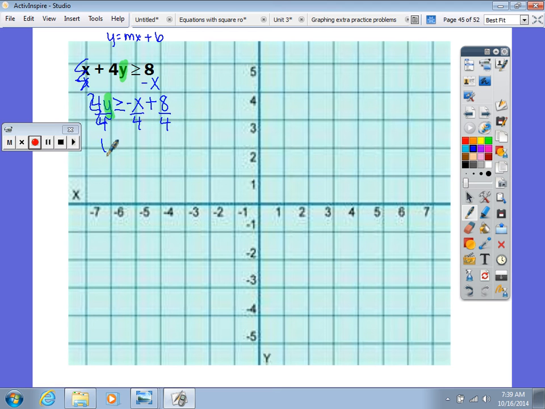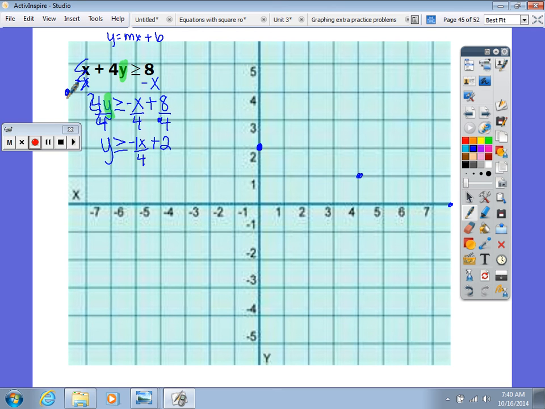So I would have y is greater than or equal to, and there's an understood 1 in front of this x, negative 1x over 4 plus, and reduce this, which is 2. So that means that I would start at 2 on my y. This is downright rude, so down 1 to the right 4, down 1 to the right 4, and I could also go up 1 to the left 4.